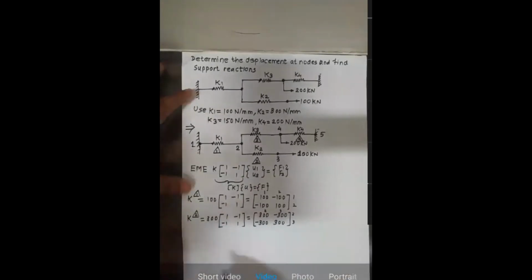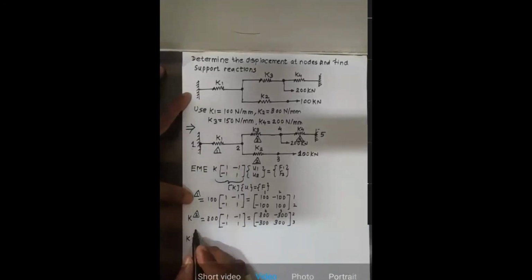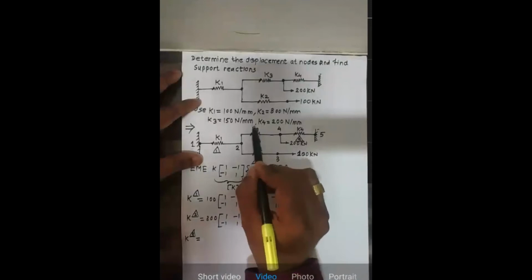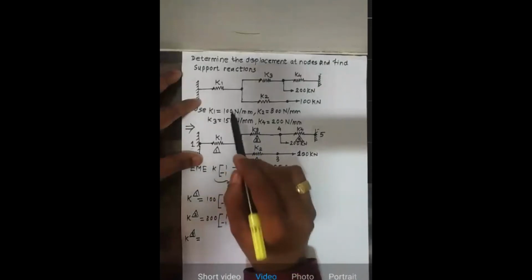Now we need to write down the stiffness matrix for element number 3. Element number 3 has a stiffness K3, and the value of K3 is 150.